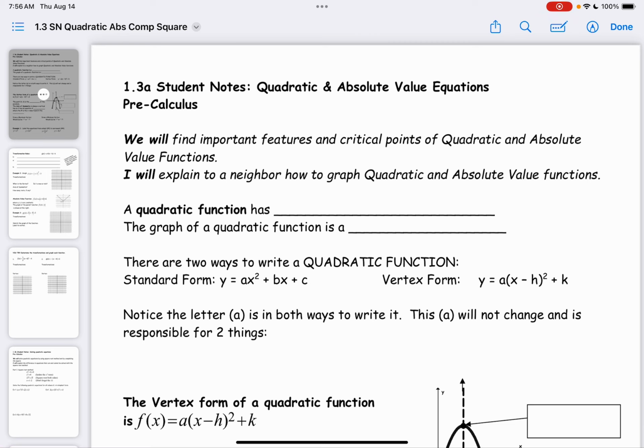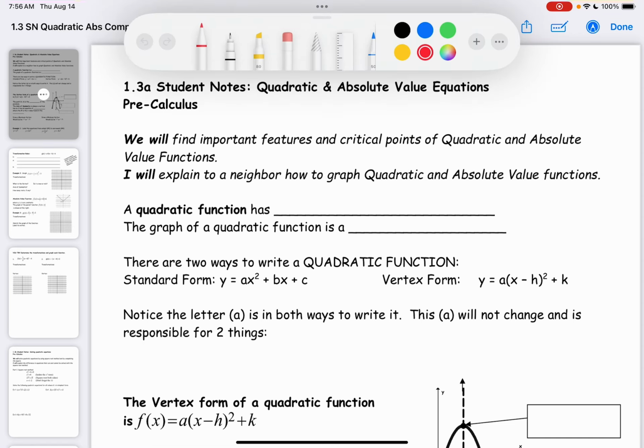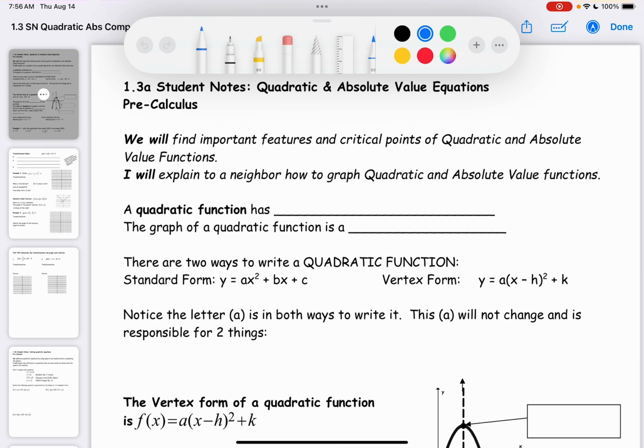You probably remember some things about the quadratic function from Algebra 2. The quadratic function is a function that has a highest power of 2.